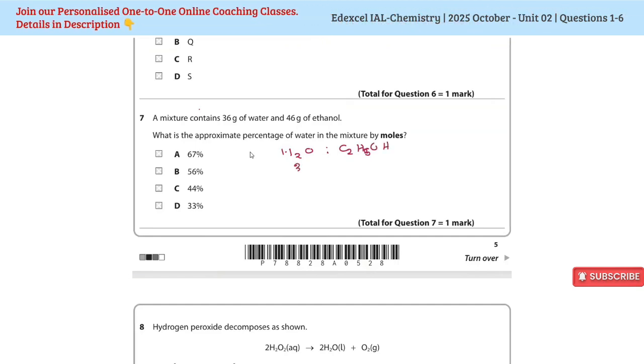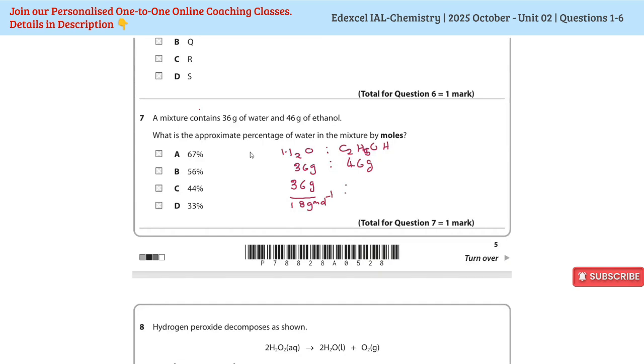So H2O 36 grams and ethanol 46 grams, and to convert into moles we have to divide each value by the molar mass, which is equal to the relative formula mass in grams. For water, the relative formula mass is 18, so the molar mass is 18 grams per mole.